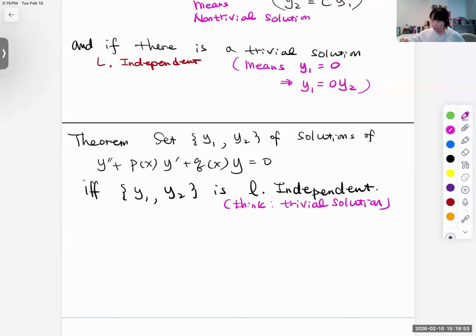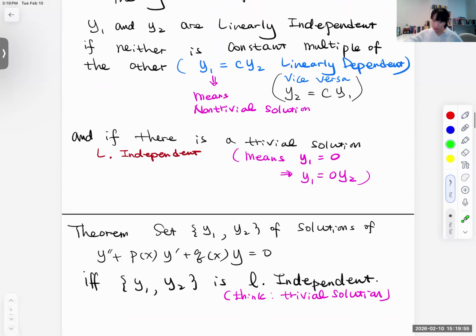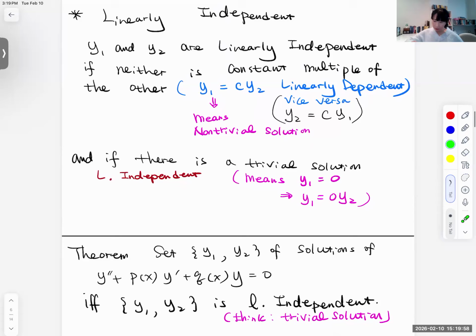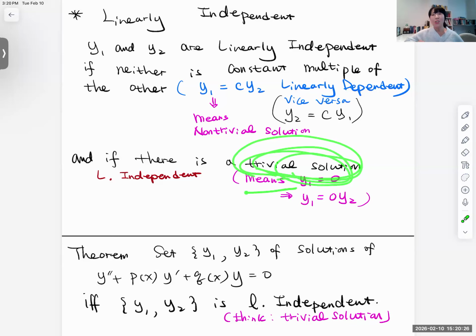I want to bring up the previous linear independence. I want to make sure y sub 1, y sub 2 are linearly independent. We cannot express one as a constant multiple of the other. If we have a trivial solution, then we say linearly dependent.